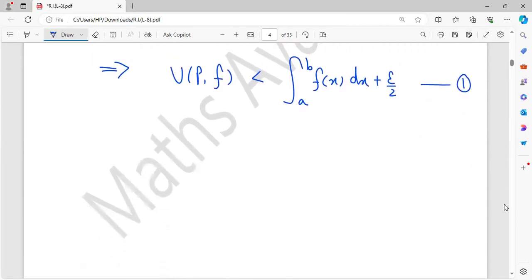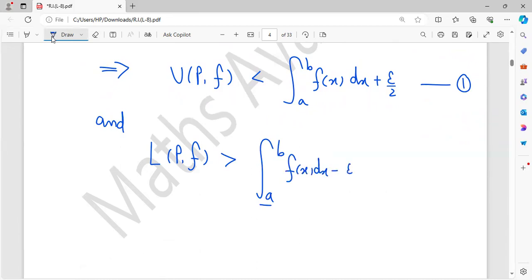And L(P,f) is greater than the lower integral minus epsilon by 2, which is equal to the integral of f from a to b minus epsilon by 2.